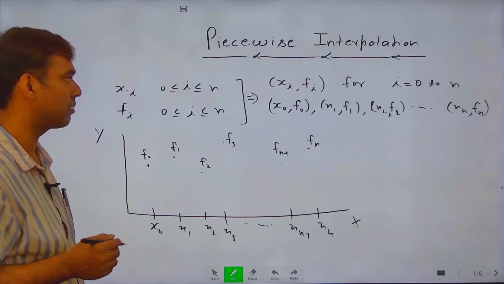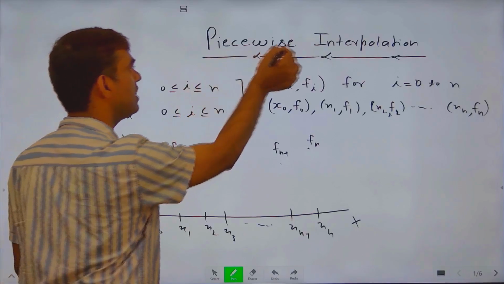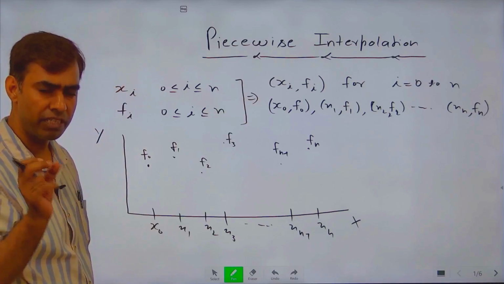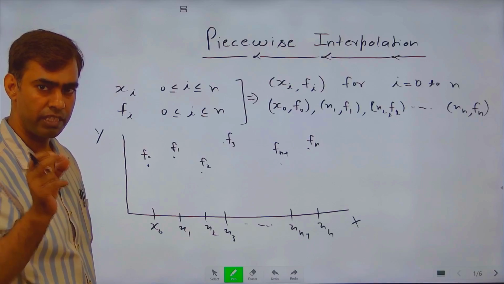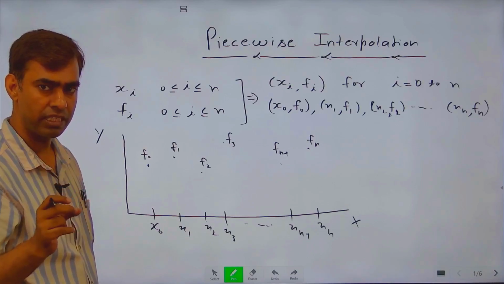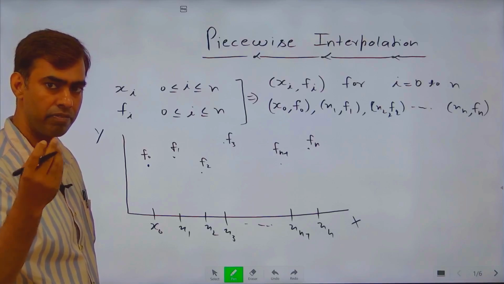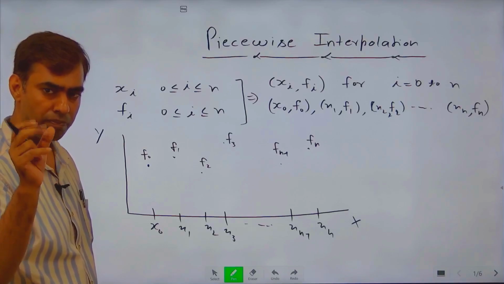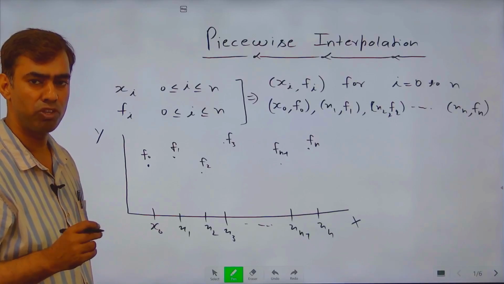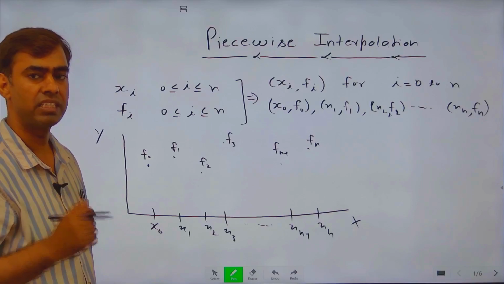In piecewise interpolation, as the name says, for a piece of data we fit a polynomial. If we fit a linear polynomial for a piece of data, and again for the remaining pieces, such interpolation is called piecewise linear interpolation.